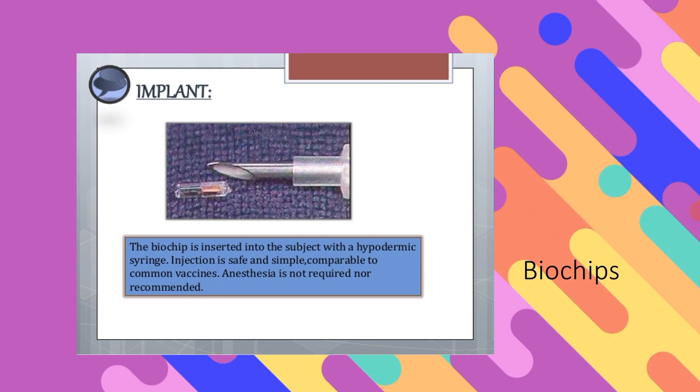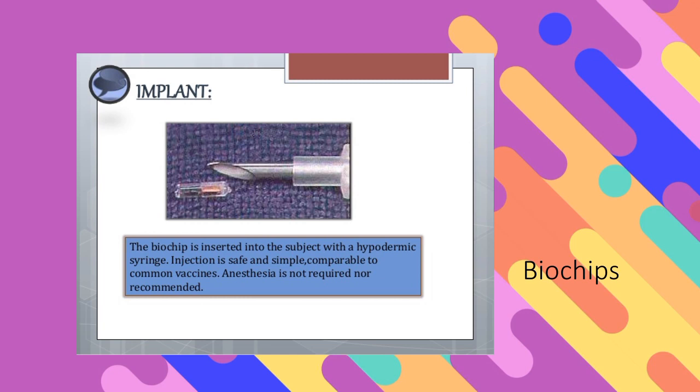So the biochip is inserted into the subject, into the person's body, or any subject into which we want to insert our biochip, with a hypodermic syringe. The injection is very safe and simple as compared to the common vaccines.